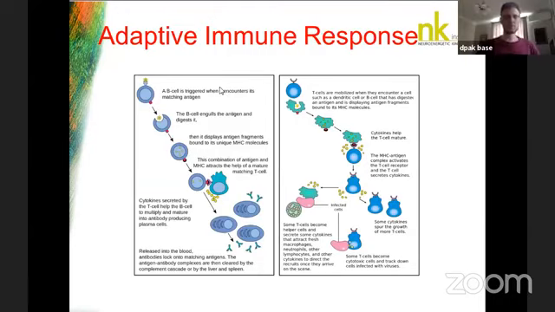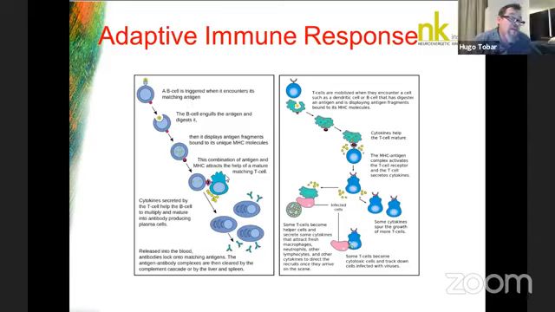The adaptive immune system needs a cell that recognizes it at first, called the antigen presenting cell.